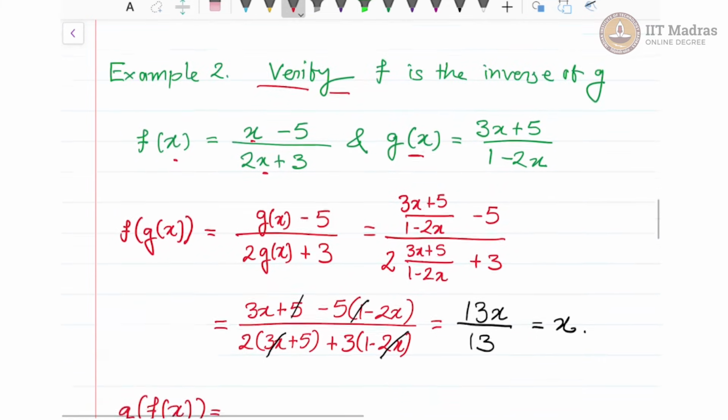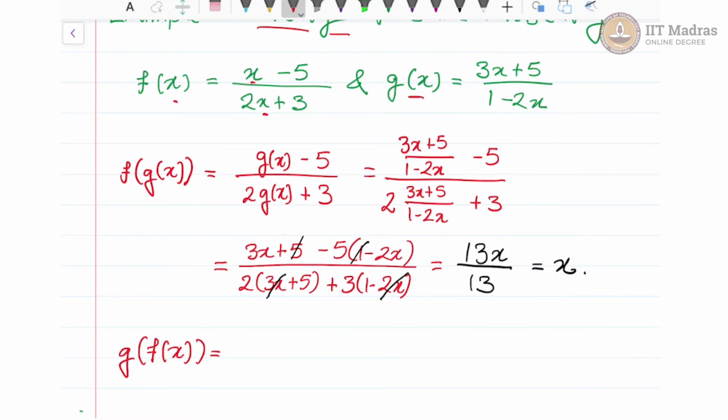That is my end goal. So now you look at what is a function g and put f of x as it is everywhere. So it is 3 times f of x plus 5 upon 1 minus 2 times f of x. What is the next step? Take the functional form of f of x and substitute it in the expression.